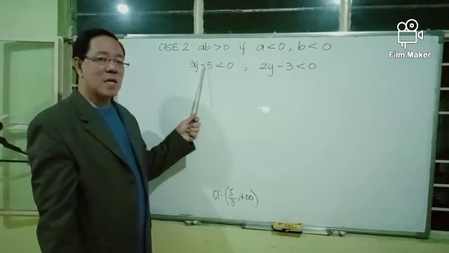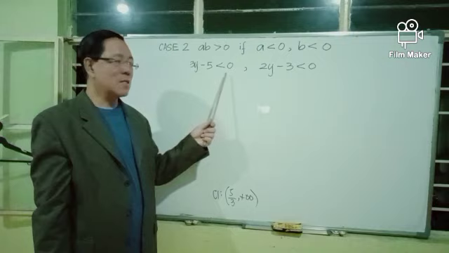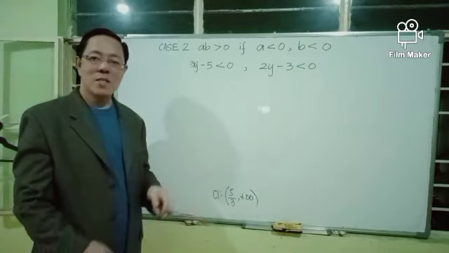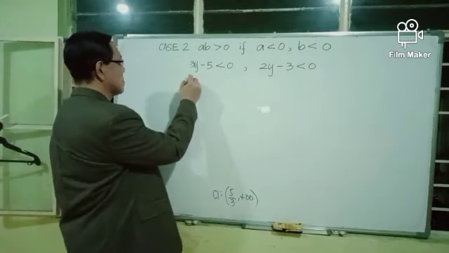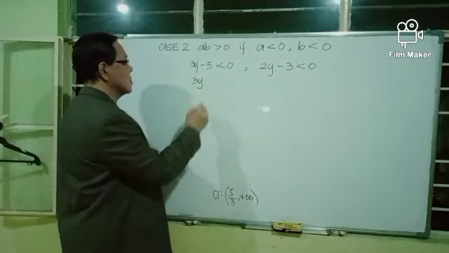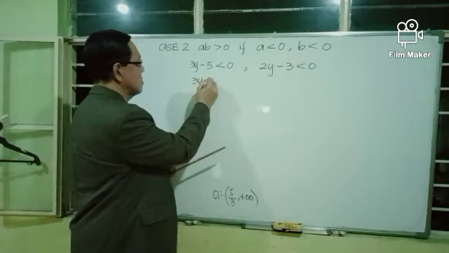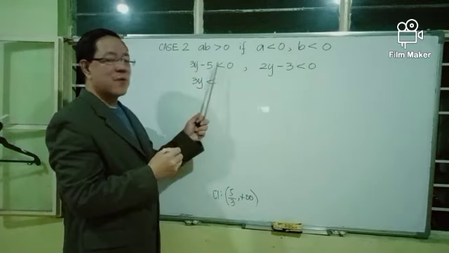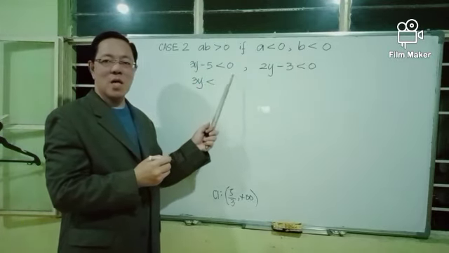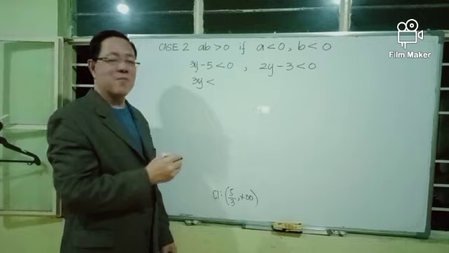And we transpose negative 5 to the right hand side. At the left hand side is 3y less than negative 5 transposed to the right, we take the opposite side, it becomes positive 5.